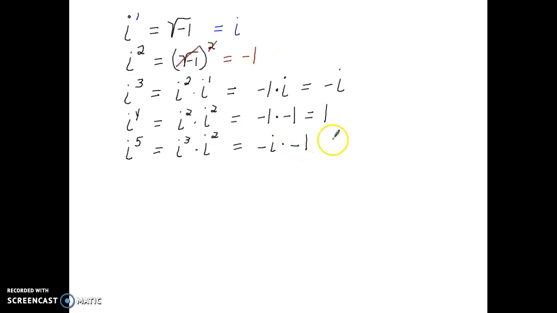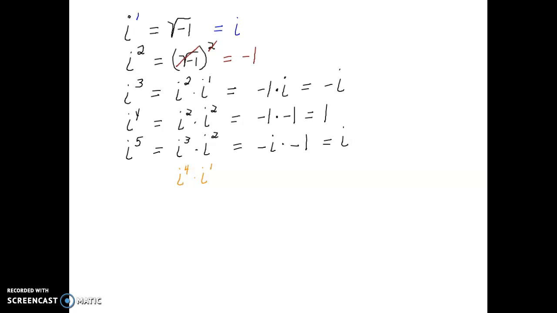If I multiply -i times -1, I get a positive, and I get the letter i. Just a side note, with i to the fifth, we could also make that i to the fourth times i to the first. Regardless, if I substitute in i to the fourth, which is 1, times i, I still get 1i. That's the beauty of math. As long as we do things correctly, there's more than one way to view things.